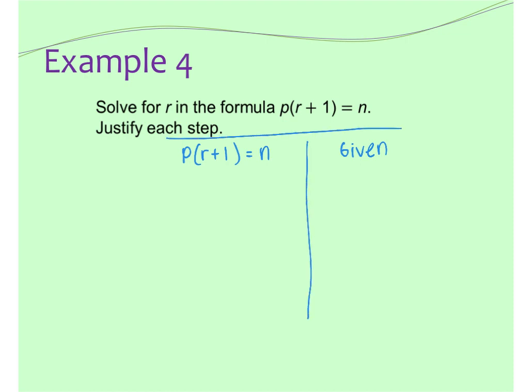And our first step will be to distribute that p to the inside. So that's going to be like this. This is pr plus p equals n. This is distribute. Distributive property. And then from here, what we want to do is subtract p from both sides.